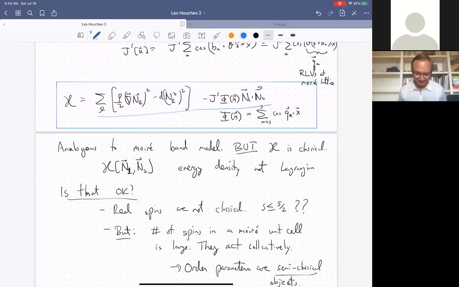Well, rho itself, D and J prime are all dimensionful quantities. The physical properties at zero temperature can only depend on ratios of them. And in particular, we can make dimensionless quantities using the intrinsic length scale of the Moire pattern, that is the Moire wave vector q, which is proportional to the angle.